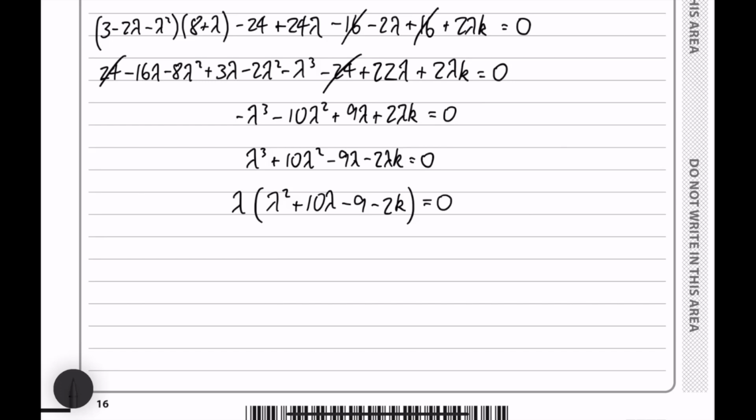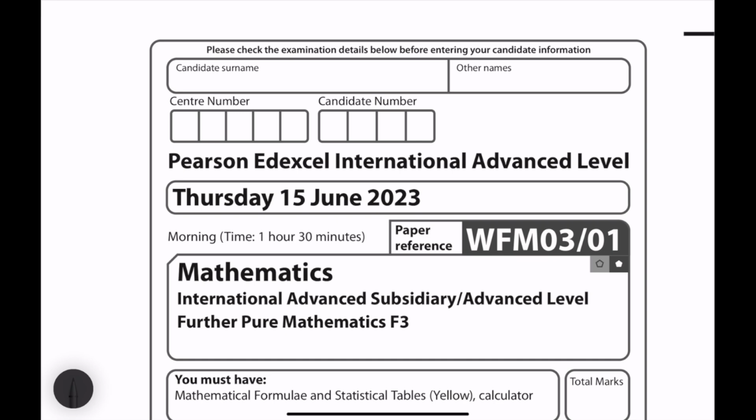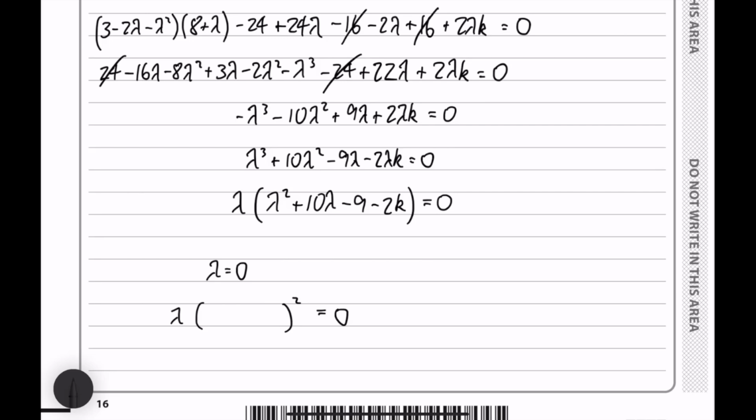So that tells us that lambda equals 0 is one of the eigenvalues, which is very useful because either that's a repeated eigenvalue and the lambda will be a lambda squared, or that's not the repeated value and this bracket will be a perfect square in order for that to become a repeated root. Lambda times a bracket squared, then this must be a lambda plus 5, otherwise these two terms here wouldn't come out of that bracket.